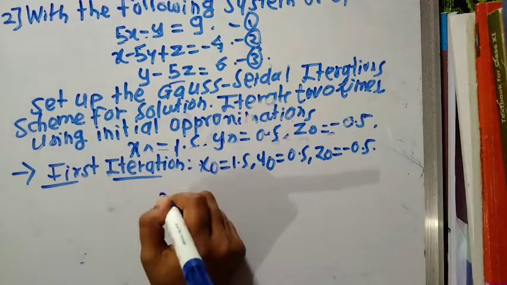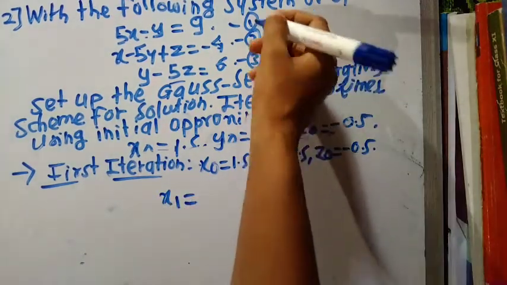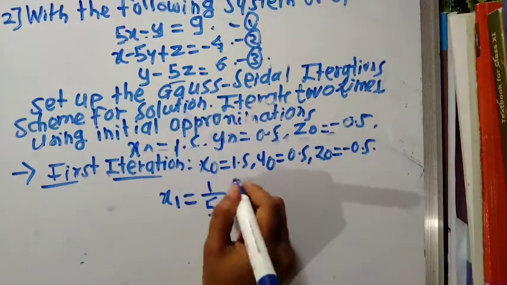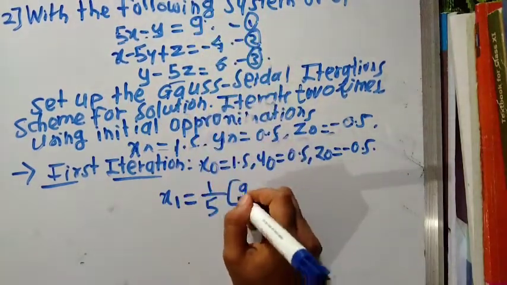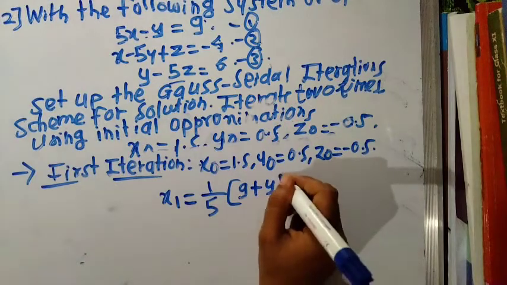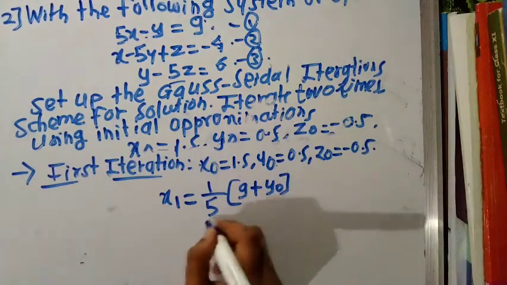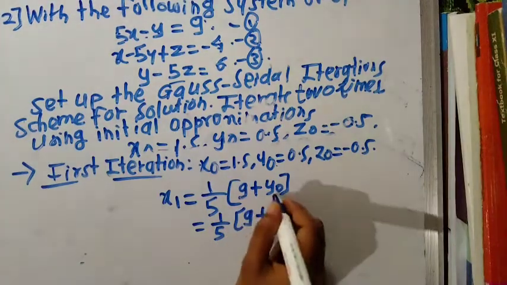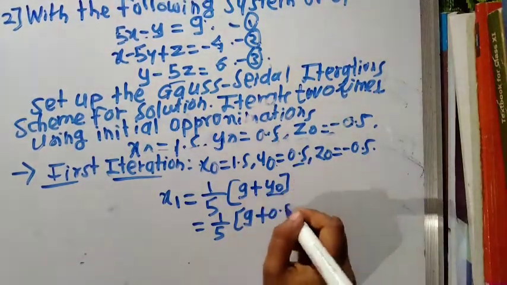So first find out x1 from equation first. It's 1 divided by 5, 9 plus y0, which is 0.5.